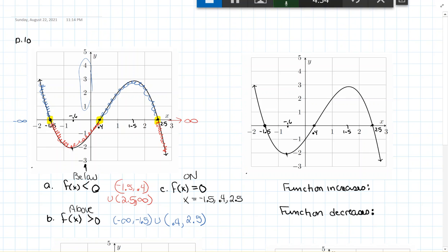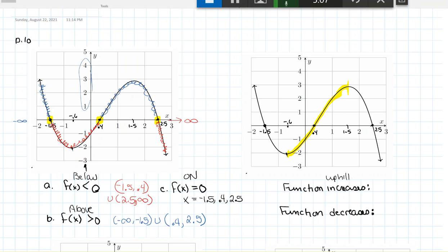Okay. Next we look to see where is the function increasing and decreasing. Increasing means you're going uphill from left to right. So again, if I'm going to shade this first, starting at the very far left, I'm going downhill until I get to this point right here, and then I start going uphill until I get to the top of the curve here, and then I start going downhill again.